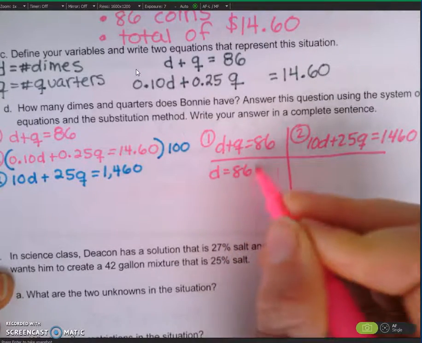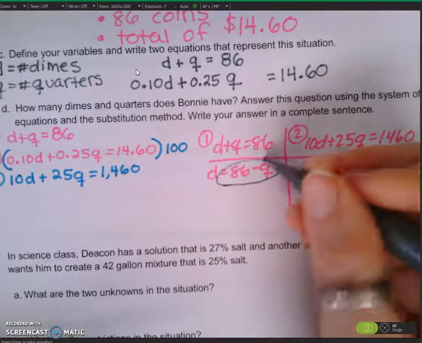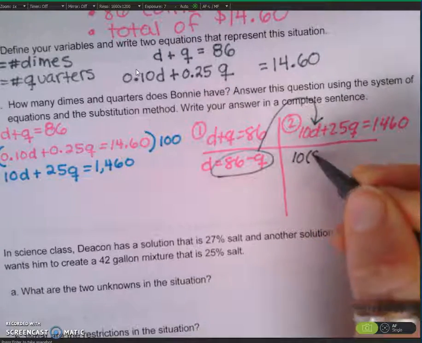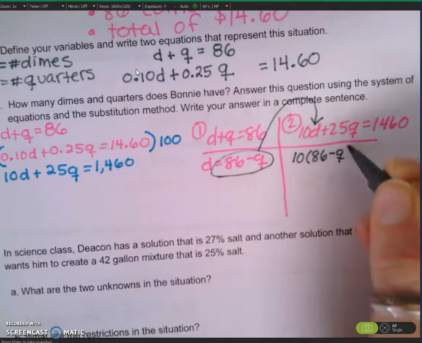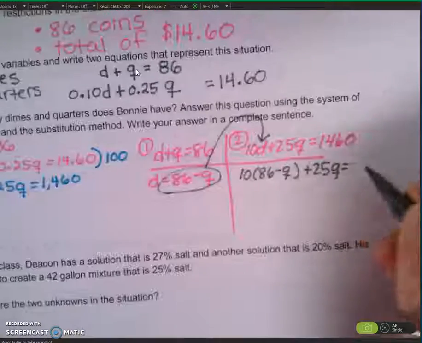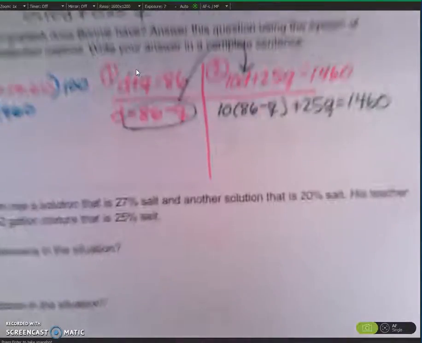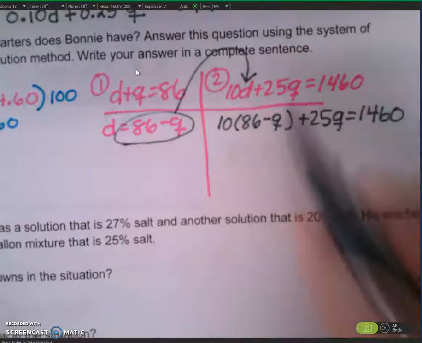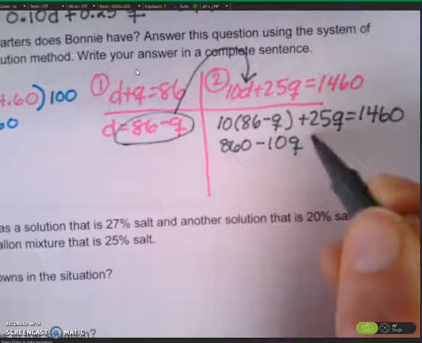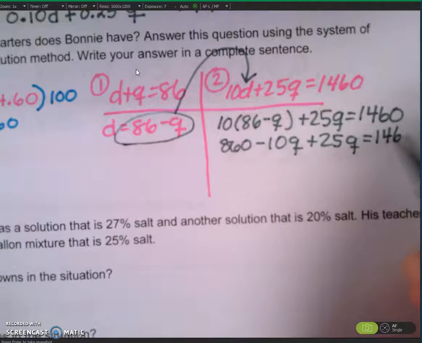D equals 86 minus Q. I'm going to bring that up over to equation 2. 10 times the quantity of 86 minus Q plus 25Q is equal to 1460. Continue by distributing: 860 minus 10Q plus 25Q equals 1,460.